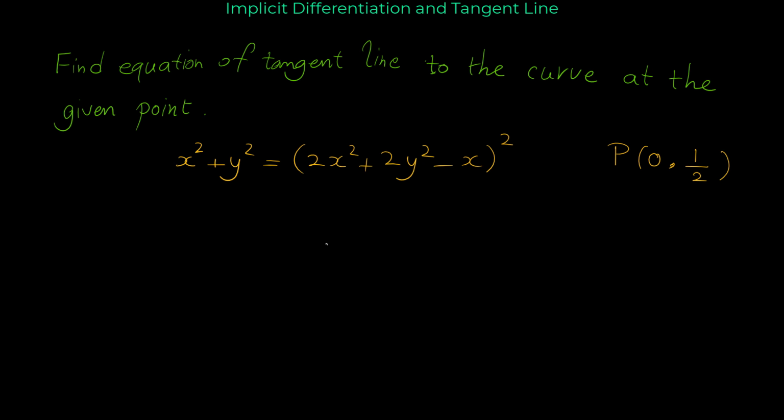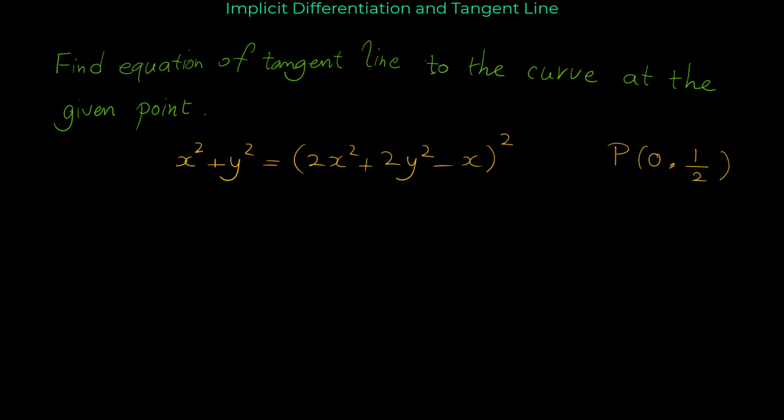Attention, we want to find dy over dx. And because in the denominator of this notation we have x, we take the derivative of both sides of the equation with respect to x.